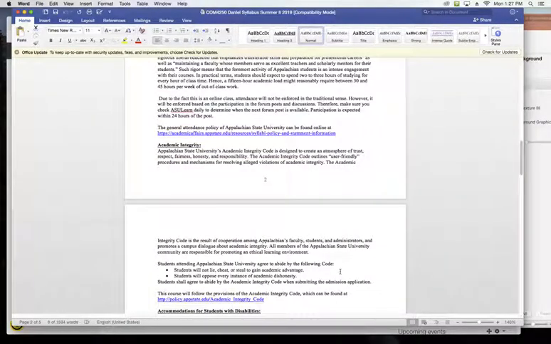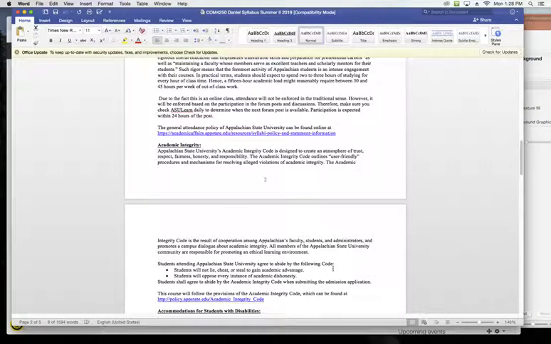Academic integrity, obviously, if you cheat in any way, if you are going to be plagiarizing anything, this will be brought up in terms of our integrity code, and that will be something that we will address if that time comes up. Hopefully it will not. Hopefully we will not have any of those problems, but I do want to be aware.